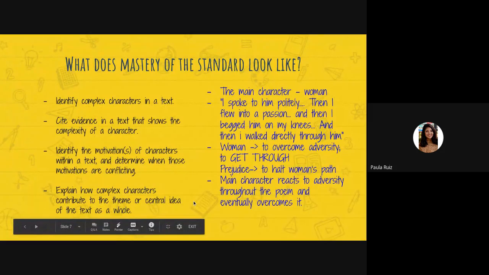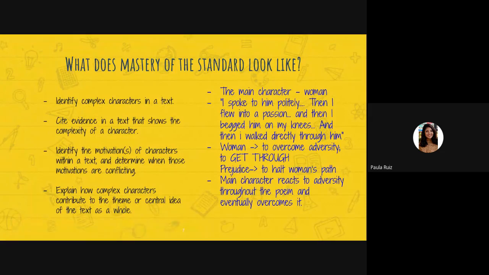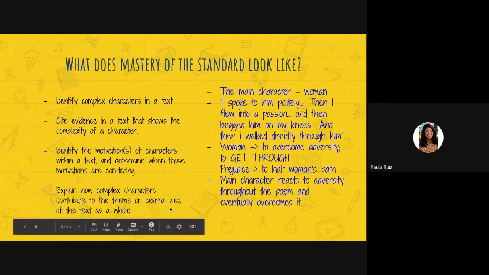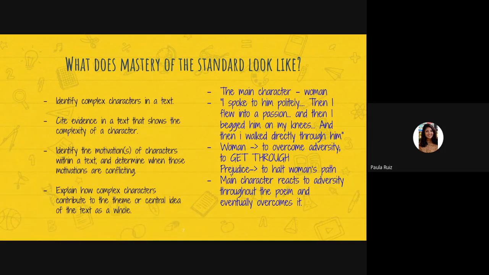So we can say that the theme of this story is about a woman's adversity and what she deals with in life. And the central idea of it is that she eventually overcomes adversity, no matter what obstacles, she keeps going and going and going. And of course, who wouldn't react these ways?